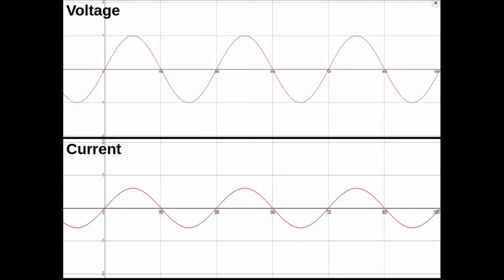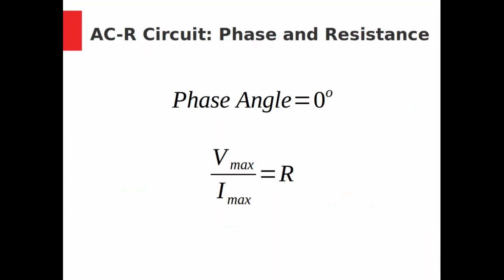We see that it's a sinusoidal graph. In fact, the graph for current has a different amplitude than the voltage graph, but it has the same period and is in phase with the voltage. So we can say the phase angle is 0 degrees for any AC circuit that contains just a resistor.